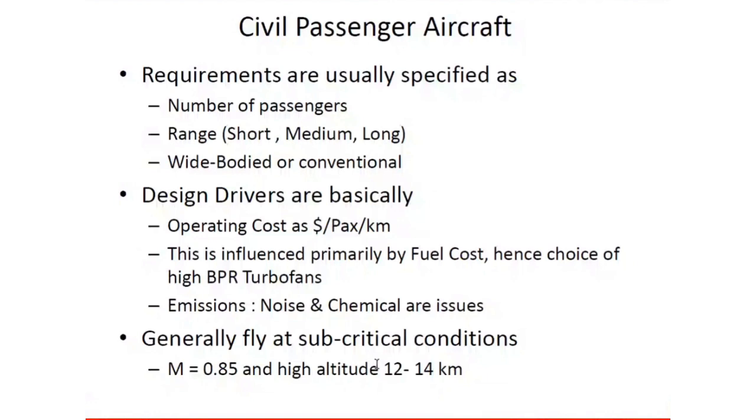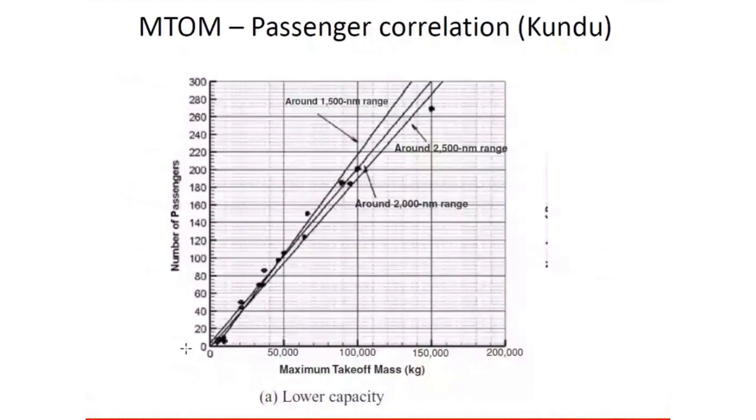Now let's look at some design charts from Professor Kundu's book. If you look at small capacity passenger aircraft, meaning 15, 20 people kind of thing, on the x-axis you see maximum takeoff mass in kgs, and on the y-axis you see the number of passengers.